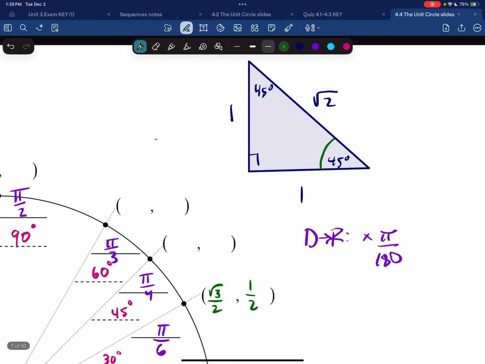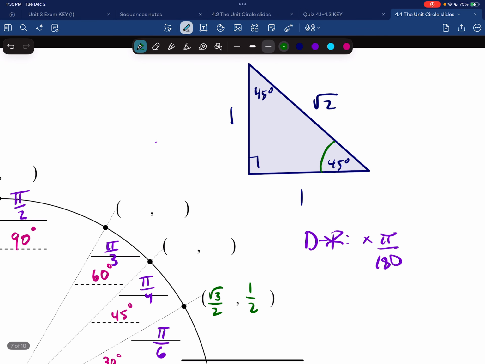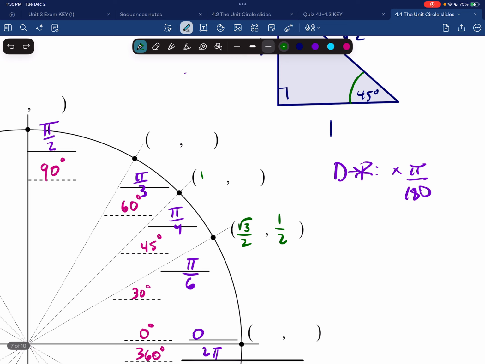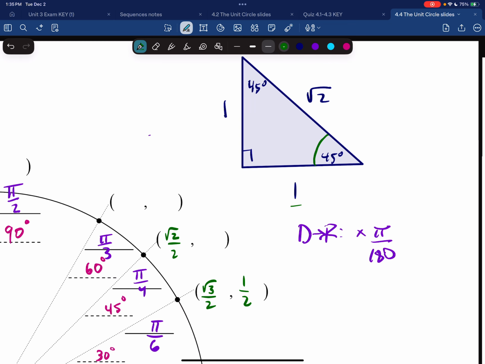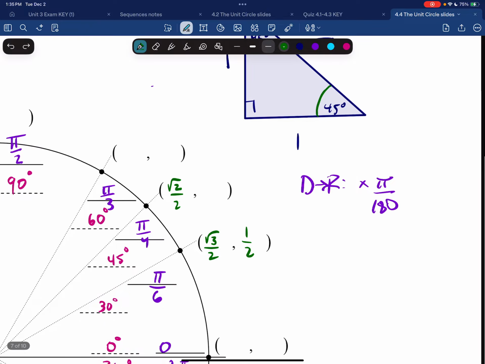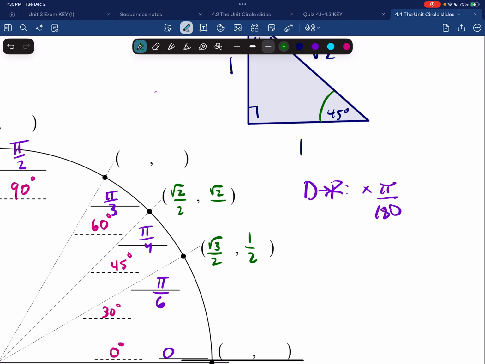And so I would say sine is opposite over hypotenuse, 1 over root 2. If we rationalize that, we end up with root 2 over 2. Cosine is adjacent over hypotenuse, also 1 over root 2. So again, if we rationalize that, that's root 2 over 2.